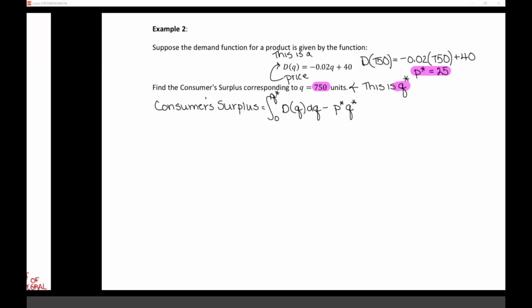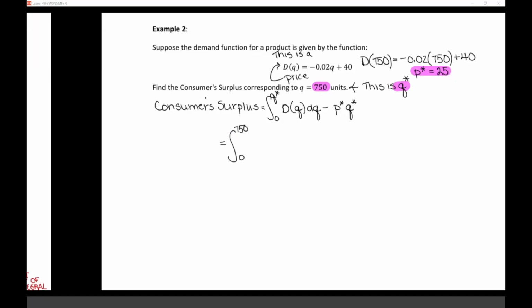First thing I'm going to do is take my consumer surplus equation and plug in the values that I know. So that is going to be from 0 to my Q star, which is 750. That's my upper bound on the integral.